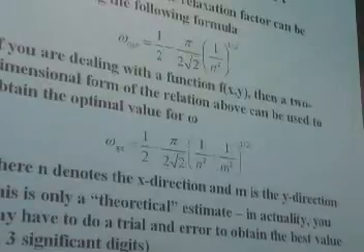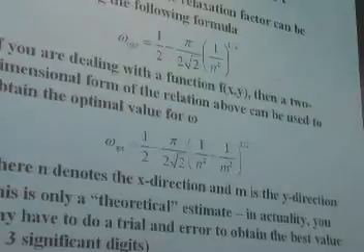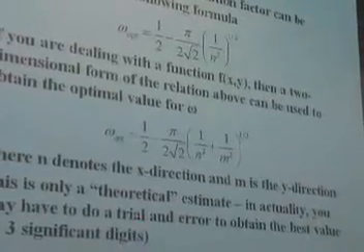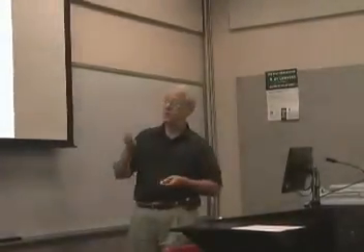So you can calculate the optimal value ideally using these formulas, 2D, 1D. They're theoretical estimates. So as I say, you may have to do a trial and error to get it just right. You may calculate what this should be, but then you find out it's not quite right. Maybe I need to change a second decimal value or something.